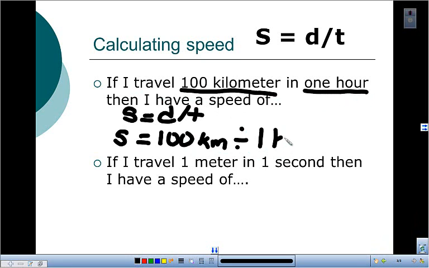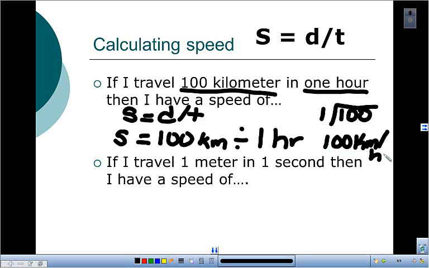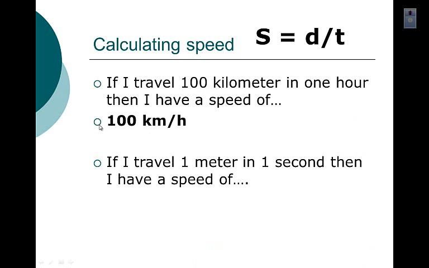Then I will do 100 divided by 1, which will give me 100 kilometers per hour. So my answer would be 100 kilometers per hour.